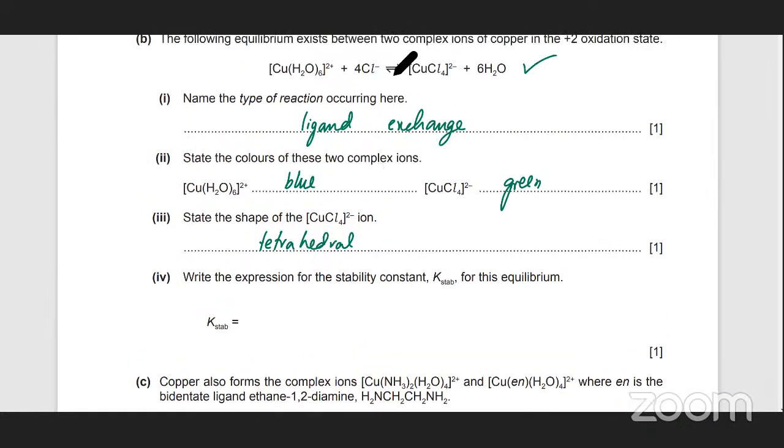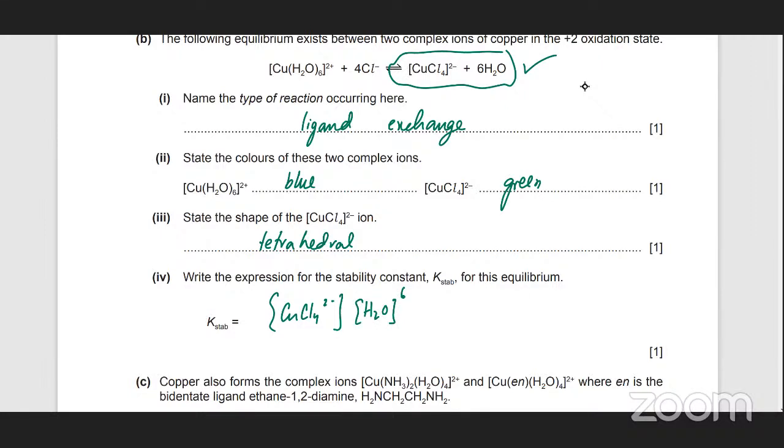Write the expression for the stability constant for this equilibrium. It's this one over here. So it's going to be products over reactants. So it's going to be CuCl4 2 minus its concentration. These are your products. Water, its concentration, and we're going to come to water just in a moment.